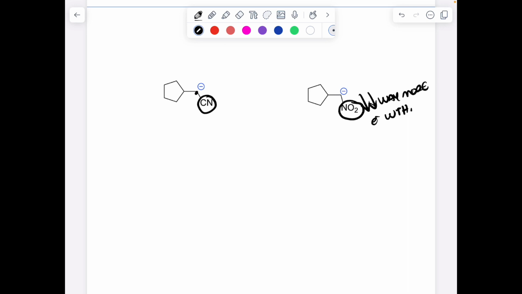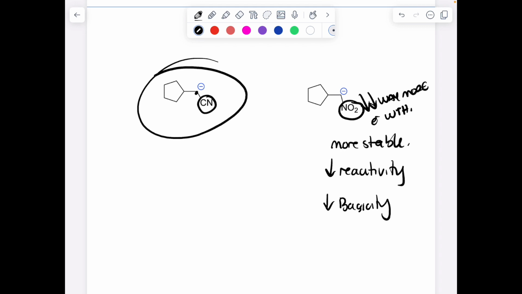So hence, this negative charge is more stable because it's delocalized by this group that is very near, very close to it. So this would decrease the reactivity, decrease the basicity. Hence, this compound is a better base.